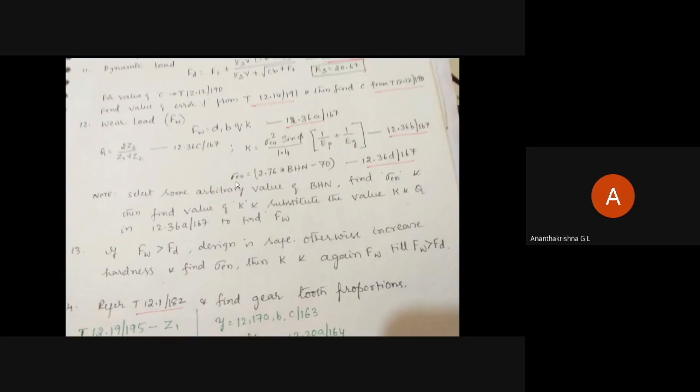Get the endurance value, substitute in the K equation, get the value of K, multiply K with Q, B and D1. D1 is M into Z1. Keep increasing the BHN hardness value till we get FW greater than FD. Then we can say the design is safe.